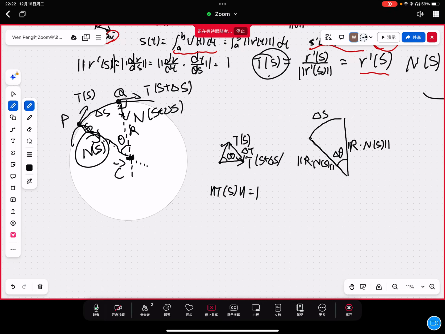So therefore, we can actually get two similar triangles. As delta s approaches 0, they can be treated as a straight line. So these two triangles are similar because they have two equal sides, and these two angles are the same. So therefore, we can list the relationship.